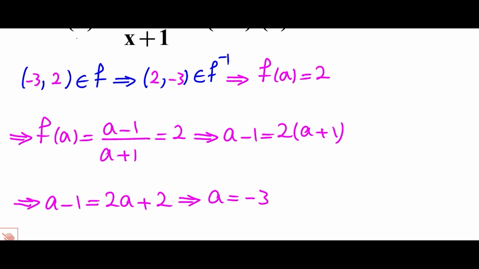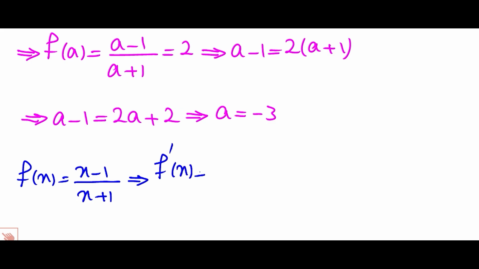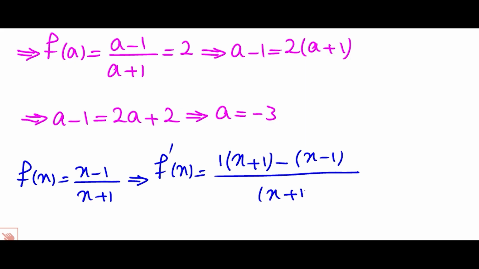Negative 3. Now we find f prime of x using the quotient rule. Look at this carefully. If f of x is equal to x minus 1 over x plus 1, so f prime of x is equal to the derivative of the top, meaning the derivative of x minus 1 is 1, times the bottom x plus 1, minus the derivative of the bottom times the top, meaning 1 times x minus 1, over the bottom squared.